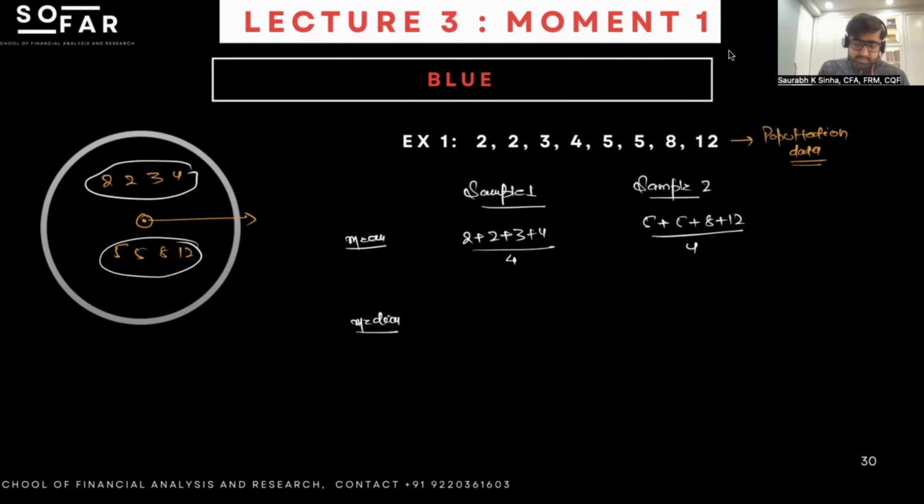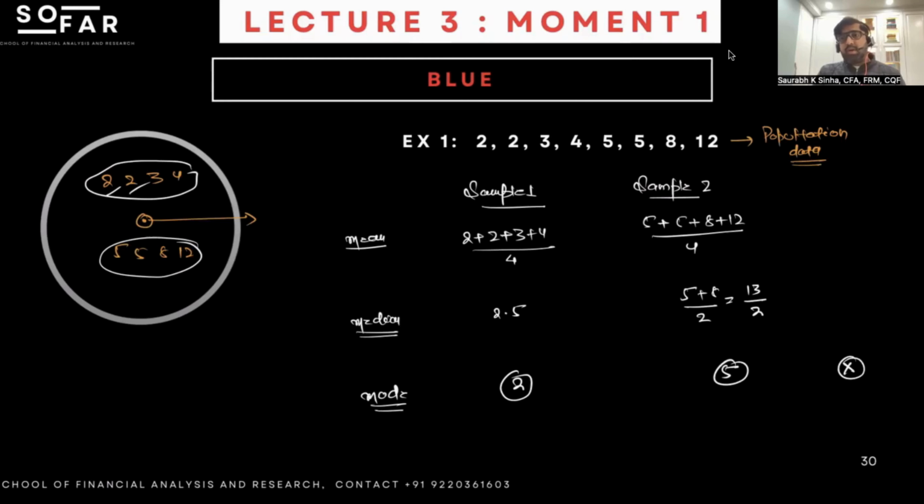Median of sample 1 is 2.5 because it is arranged data, and for sample 2 it is the center between 5 and 8, that is 13 upon 2. Mode of sample 1 is 2, and mode for sample 2 is 5. If you take the mode of the modes, there is no mode at all, or you can say 2 and 5 both are modes. But if you take the whole population mode, it is 2 and 5. Here the mode doesn't exist.